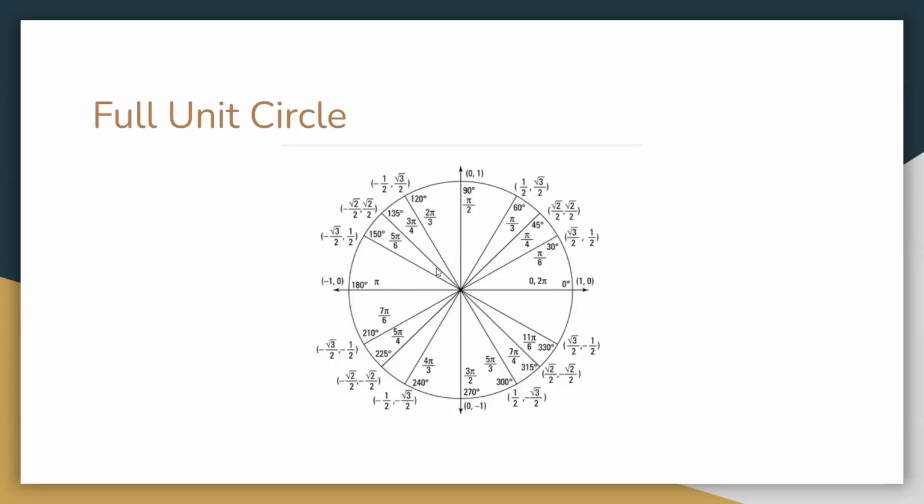When you do this enough with a lot of the common angles that you'll run into, usually these common angles are increased or decreased by a measure of pi or 90 degrees. This is the full standard unit circle. And essentially what you can do is go, oh, hey, I'm calculating cosine of, let's say, pi thirds.